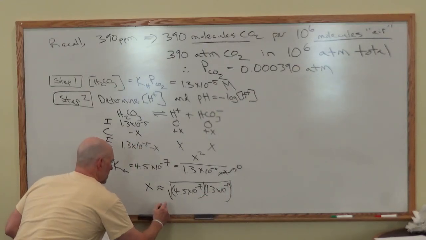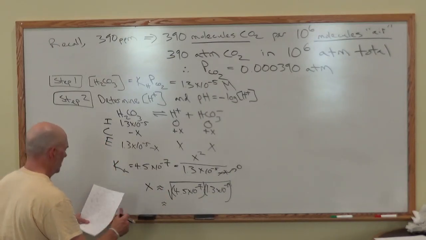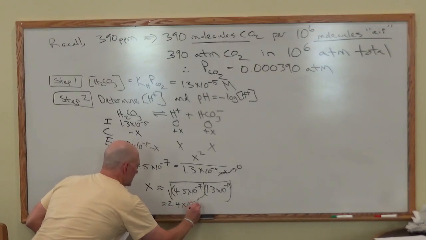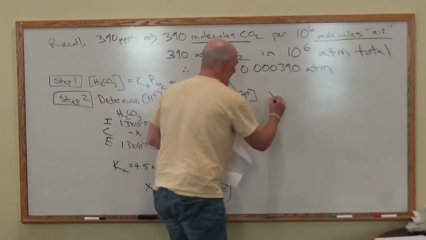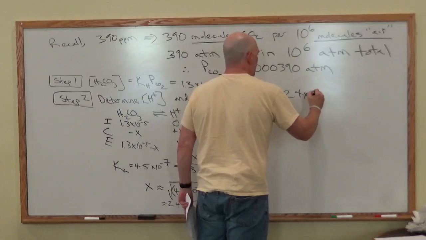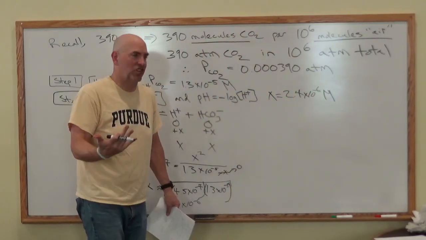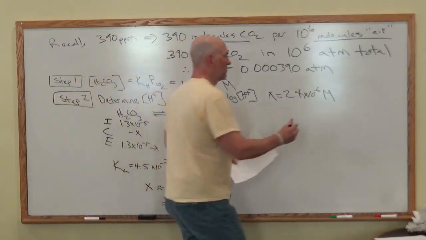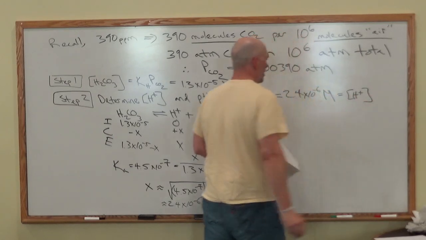And then I came up with 2.4 times 10 to the minus 6. So what does that mean? Well, that means x is 2.4 times 10 to the minus 6. And the units here are kind of important because that's a concentration. That's a molarity. And that also, from the chemistry, is equal to the H plus concentration.